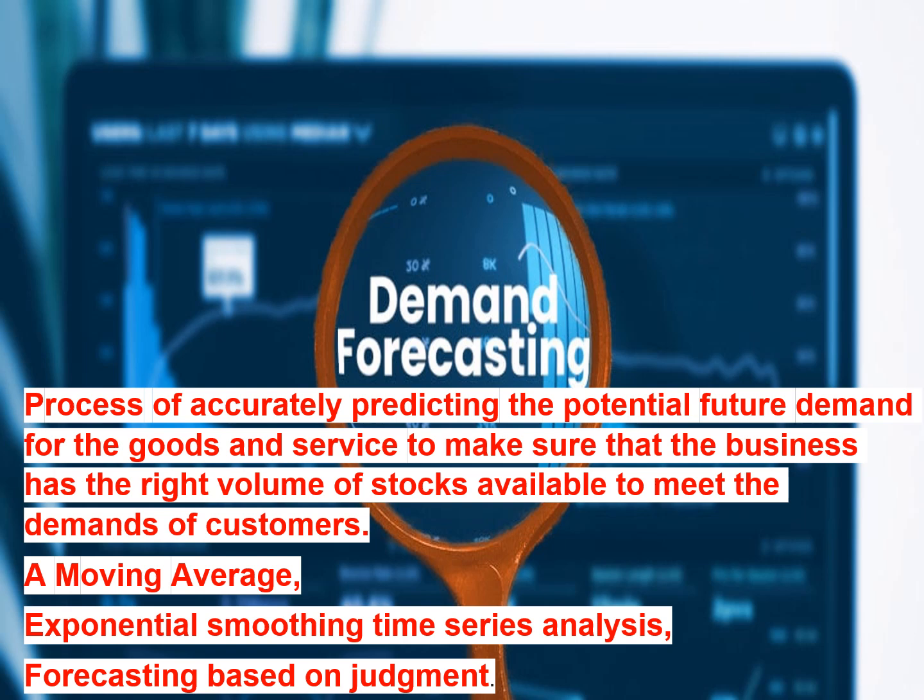Some of the most effective ways to forecast demand include the use of a moving average, exponential smoothing, time series analysis, forecasting based on judgment. But the most effective method depends upon the kind of business, and no matter which method we use, the forecast demands cannot be precise and 100% accurate and could result in shortages or overstocks.